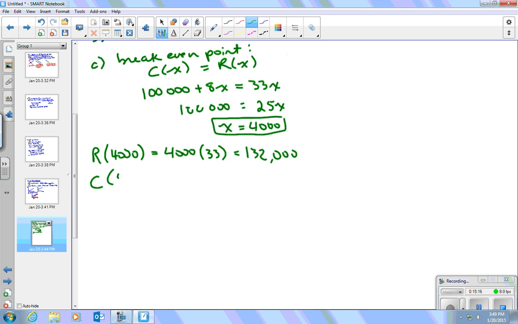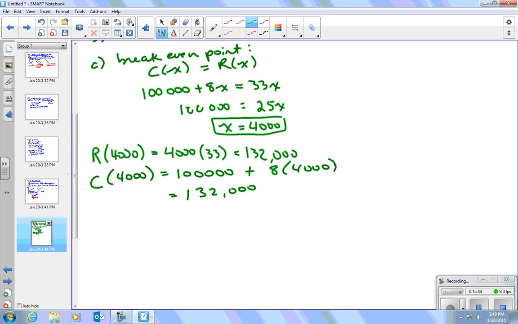So the cost at 4,000 is 100,000 plus 8 times 4,000, which again will give us $132,000. Okay, so the total cost function and the revenue function are both equal when we make and sell 4,000 hockey sticks.